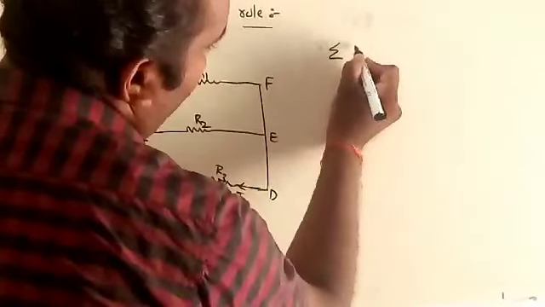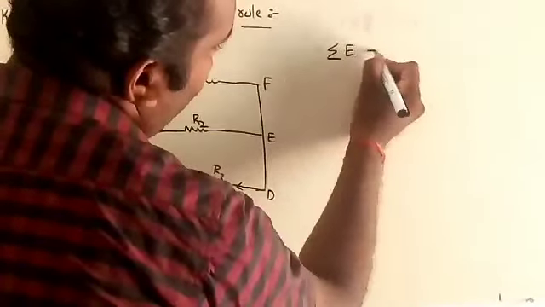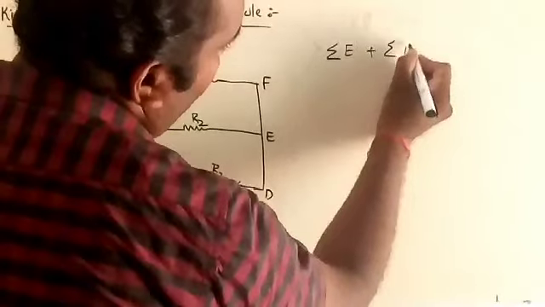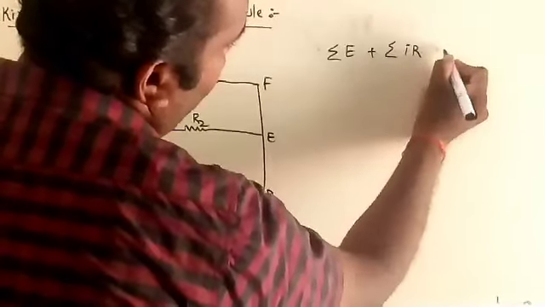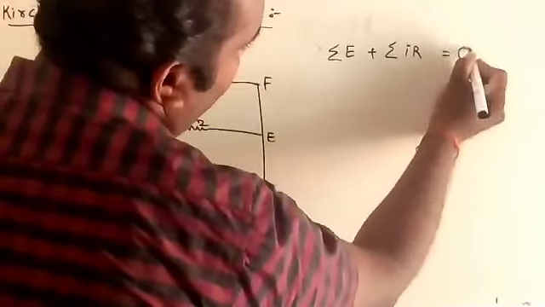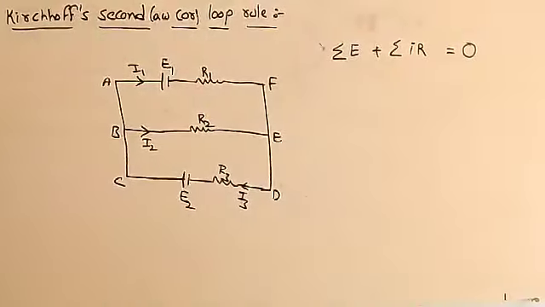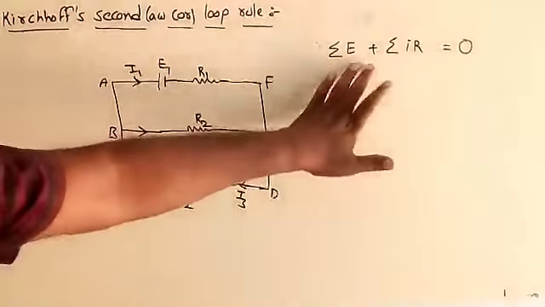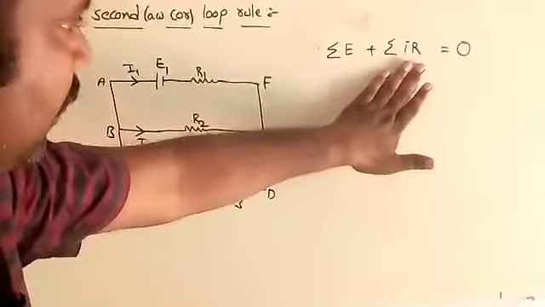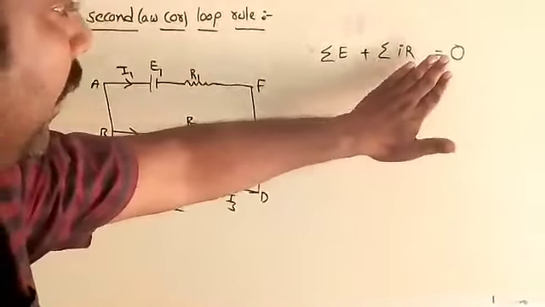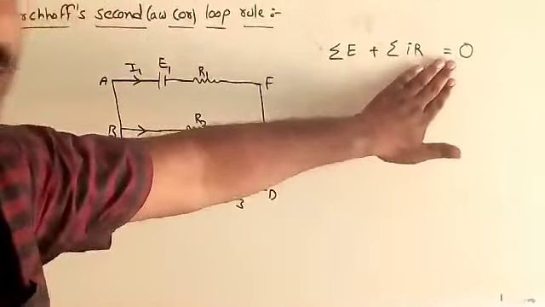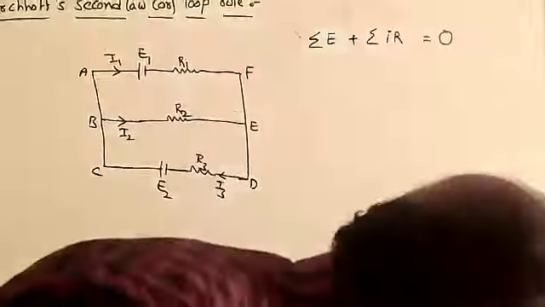Sum of the EMFs and sum of the potential drops across any closed circuit is equal to 0. The sum of the potentials and sum of the EMFs across the resistors in a closed circuit is equal to 0.